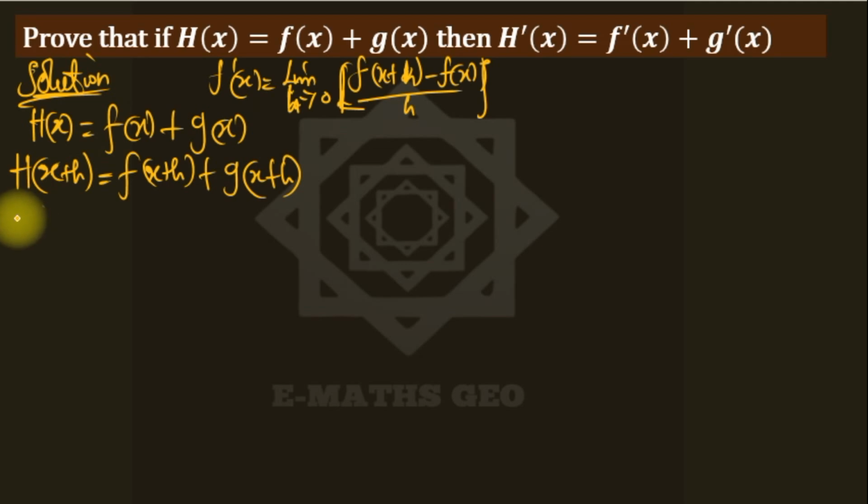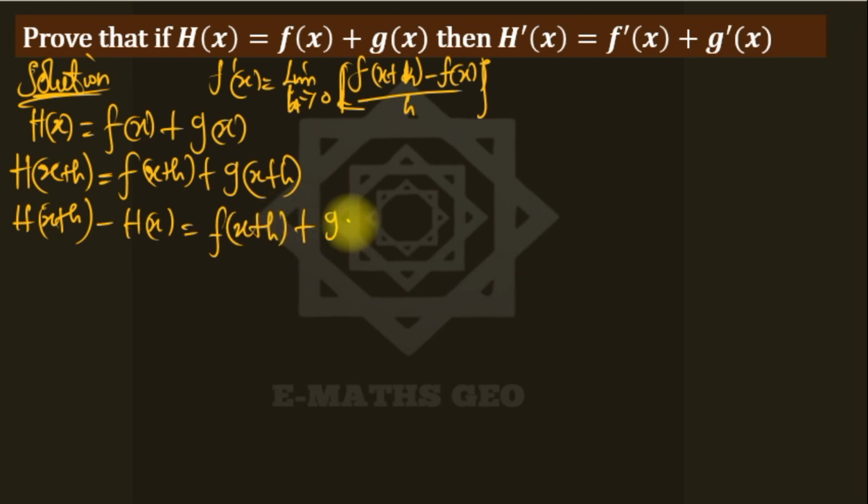So the second stage is to subtract the original function from this. So we have f of x plus h plus g of x plus h minus f of x plus g of x.